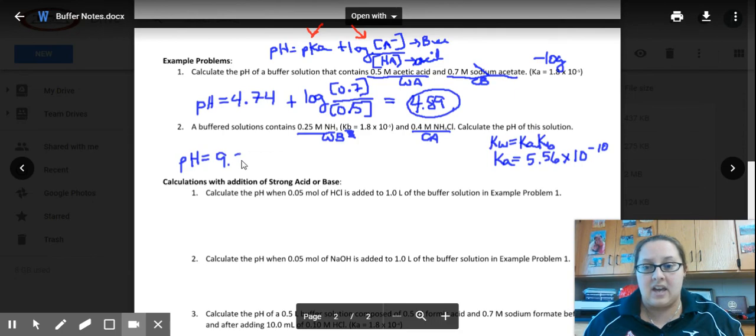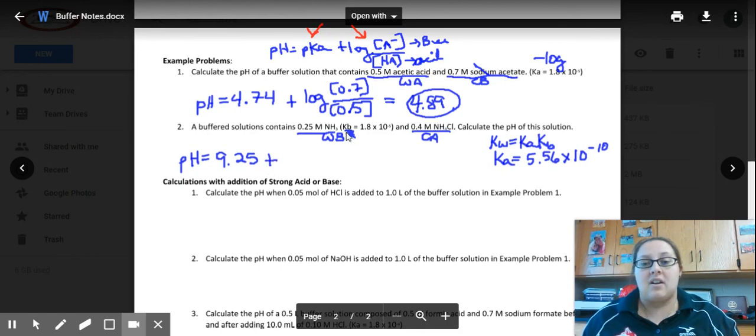So pKa is the negative log of Ka, right? Negative log of this number, plus log of base over acid. Oh, don't forget, it's base over acid. Our base component is the NH3, so that's 0.25. Our acid component is the NH4Cl, so 0.4.